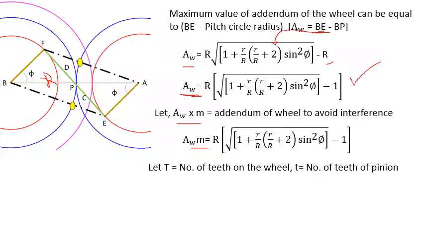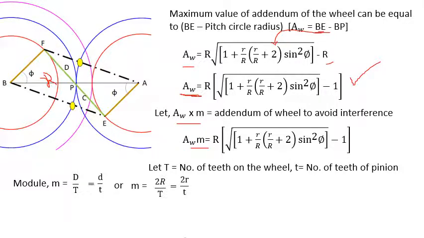Let us consider capital T as the number of teeth on the wheel and small t as the number of teeth on the pinion, and we know that module m is equal to capital D by capital T. D represents the pitch diameter, whereas T represents the number of teeth on the wheel. It can also be written as small d by small t.